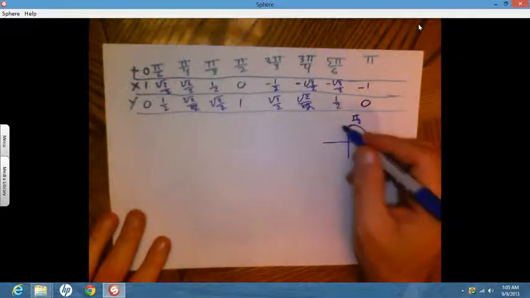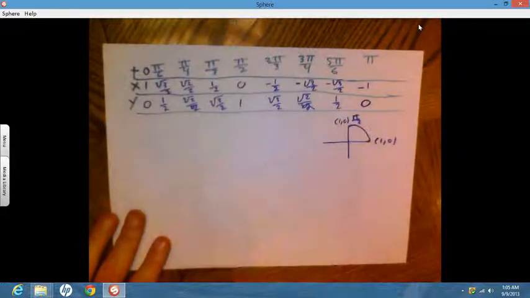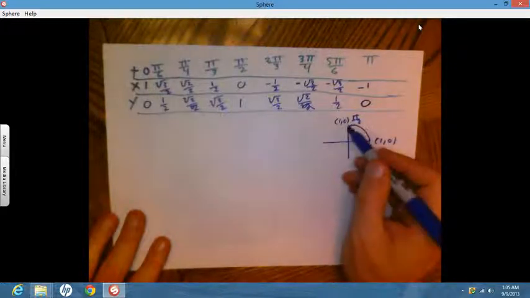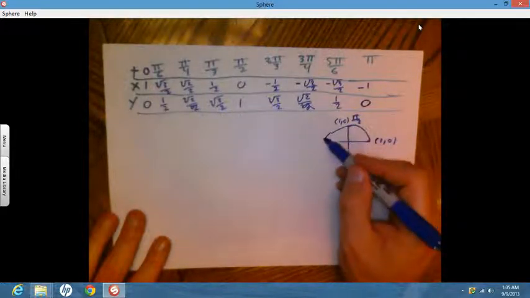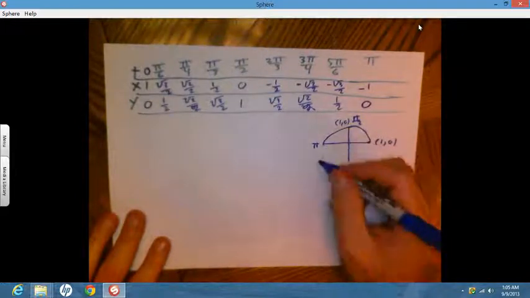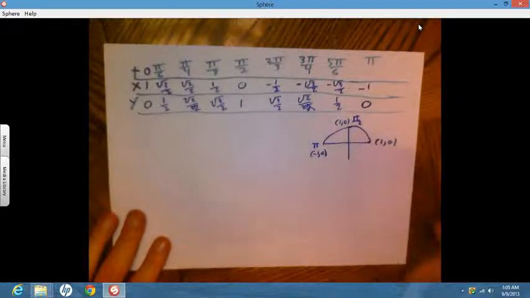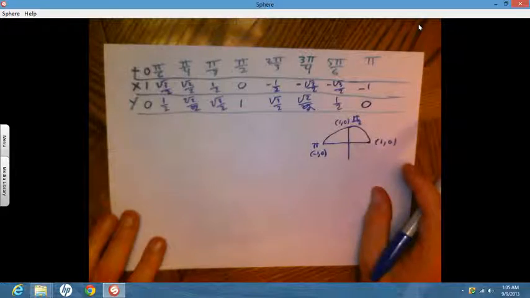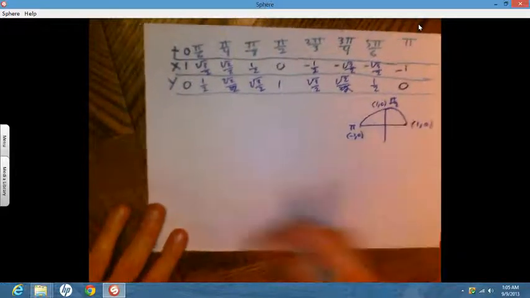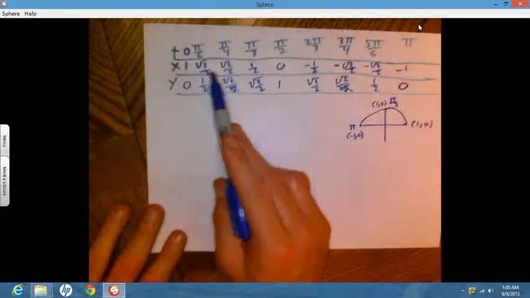And then we come down the other way till we get to 180 degrees, or pi radians. At this point on the unit circle, the x-coordinate is negative 1, and the y-coordinate, or the height, is 0. All right, so we're just moving around the circle. I could have filled in 30, 45, and 60 degrees, but there's not a lot of room to write on the circle, so it's sufficient like this.